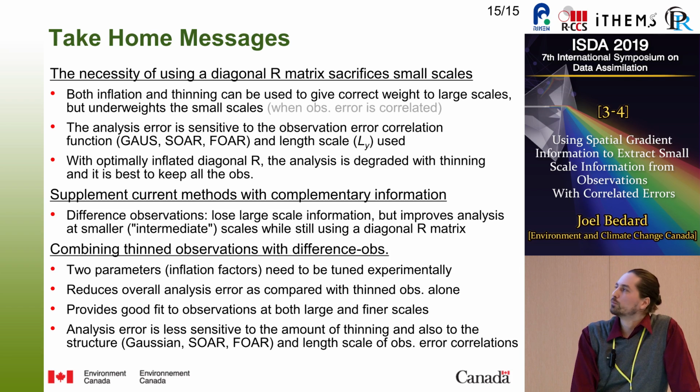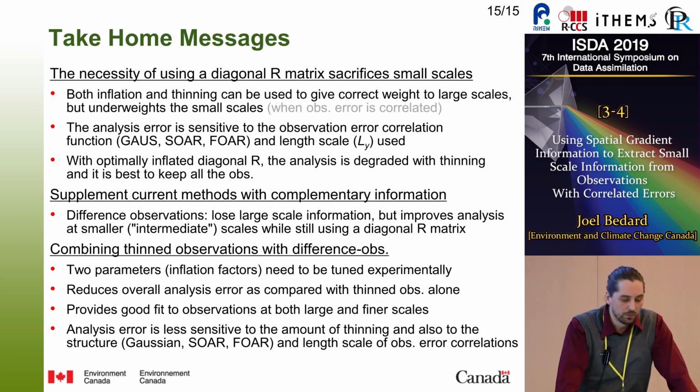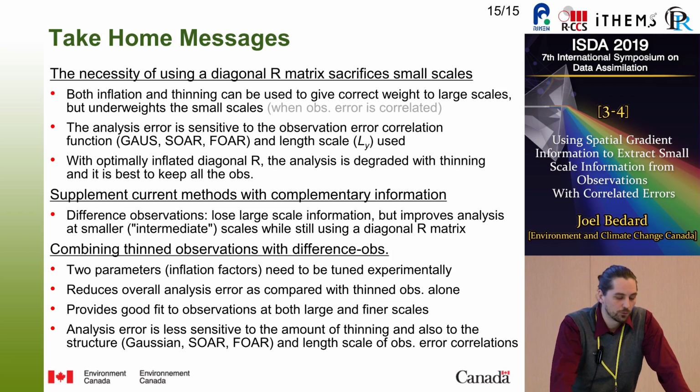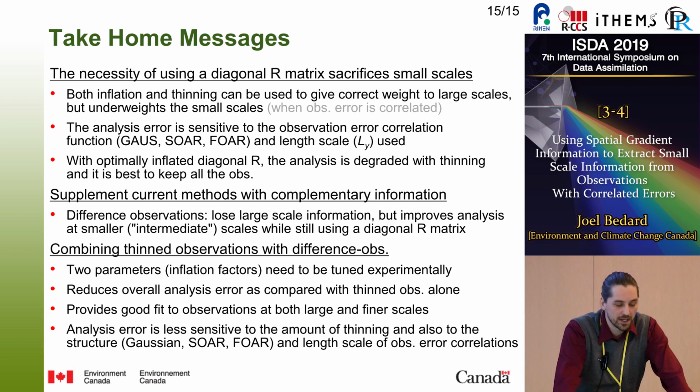So we'll probably do some experiments to try to find the optimal inflation and reduce thinning as much as possible in our system. But in the end, what we aim to do is supplement the current methods with complementary information from different observations so that we can improve the analysis at intermediate scales while still using a diagonal R.